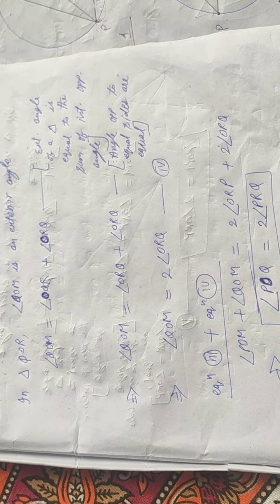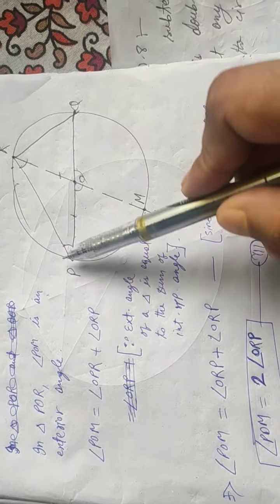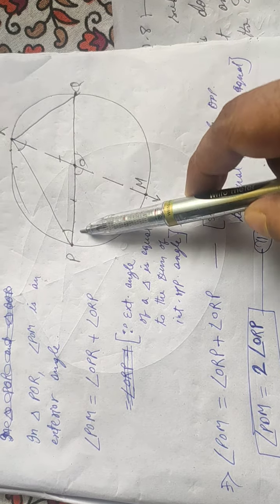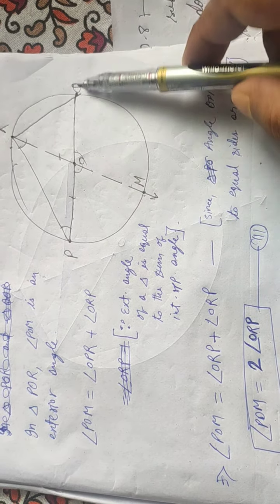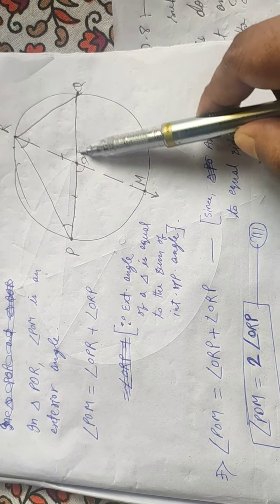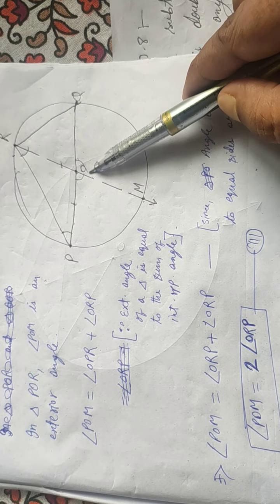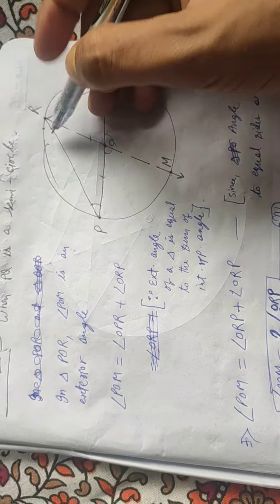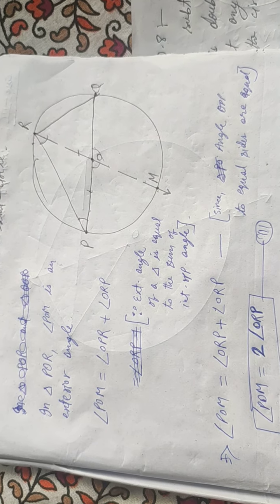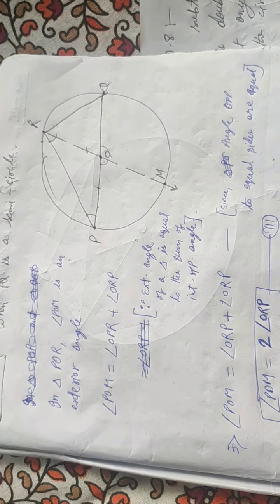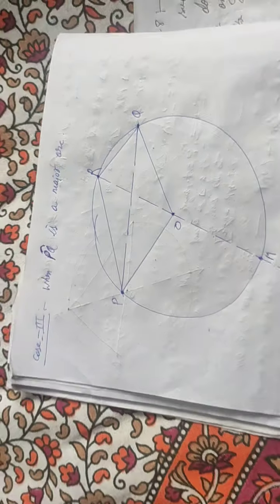Okay, the same proof just as case 1. The difference is that by adding these two angles you will be getting this straight line. So basically this angle will be what? For the semicircle the angle will be 180 degrees. If this angle is 180 degrees, that means this angle will be what? 90 degrees, right? Clear? Now let us go to the case 3.